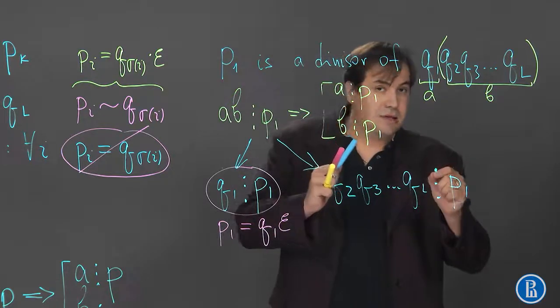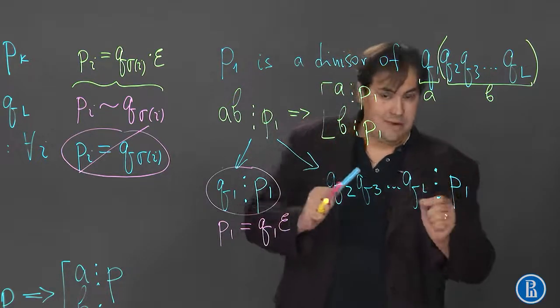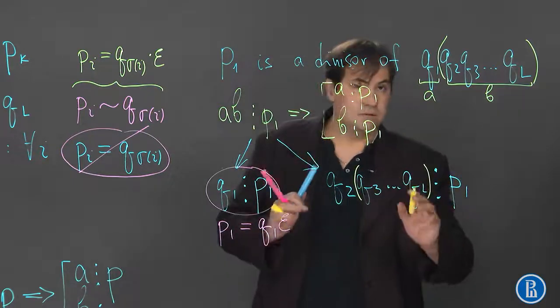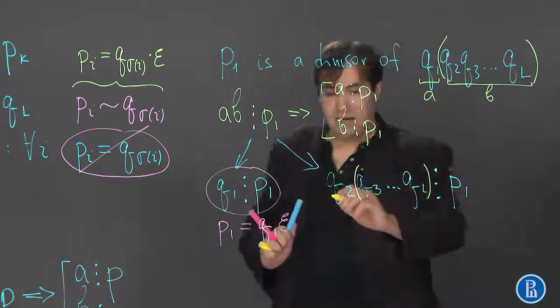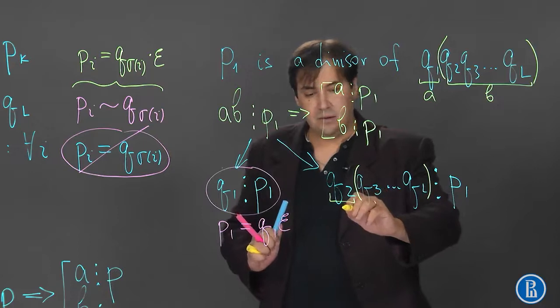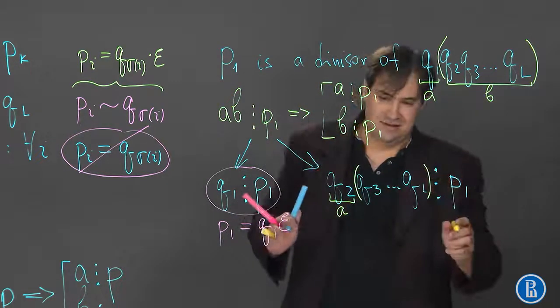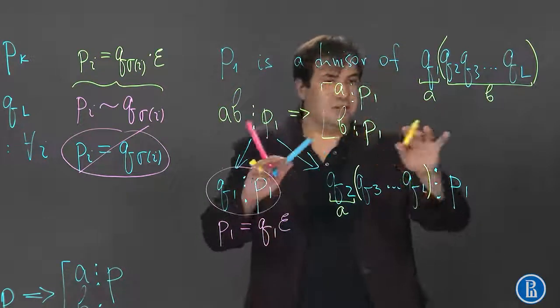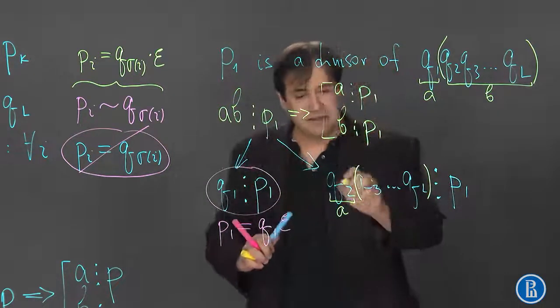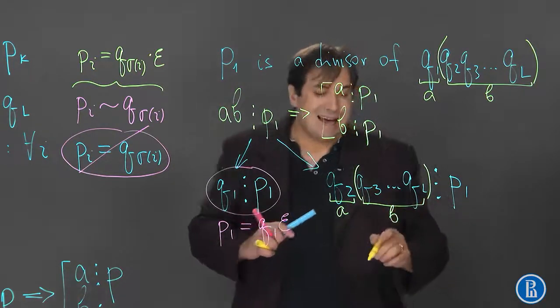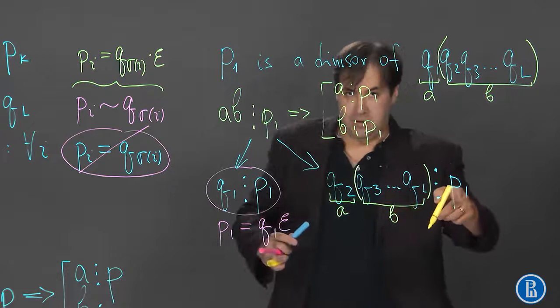But we can apply the same method and consider this as a product of two elements. This is the first one. We call it A, because the previous A we are not interested in now. We throw it away. And this is our new element A, and this is our new element B, and their product is divisible by P1.